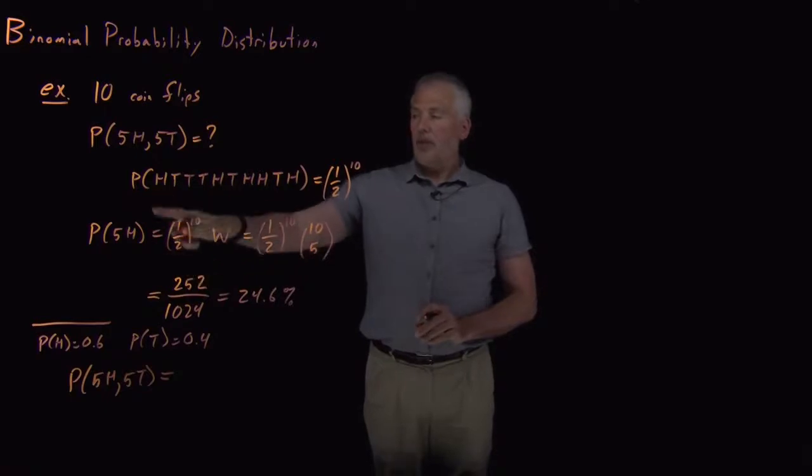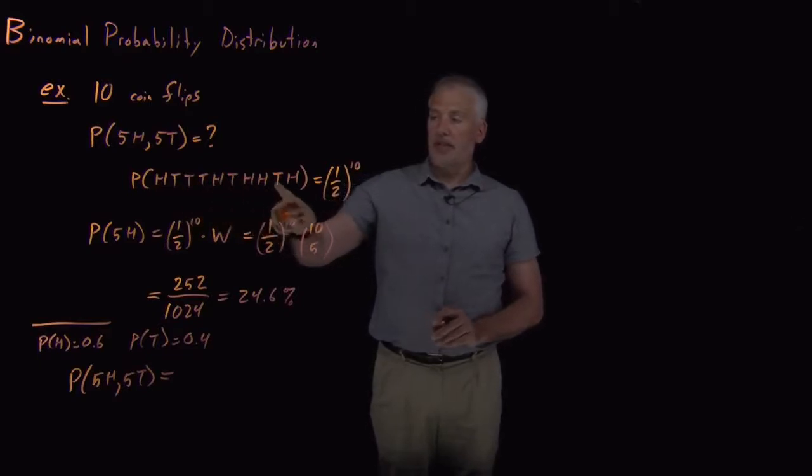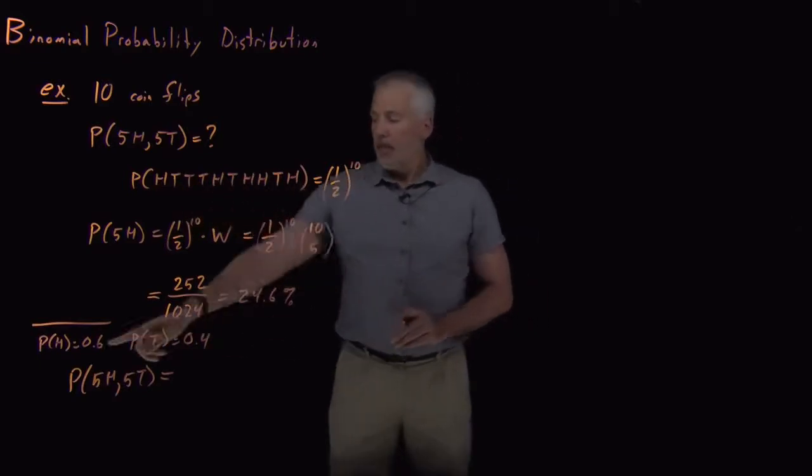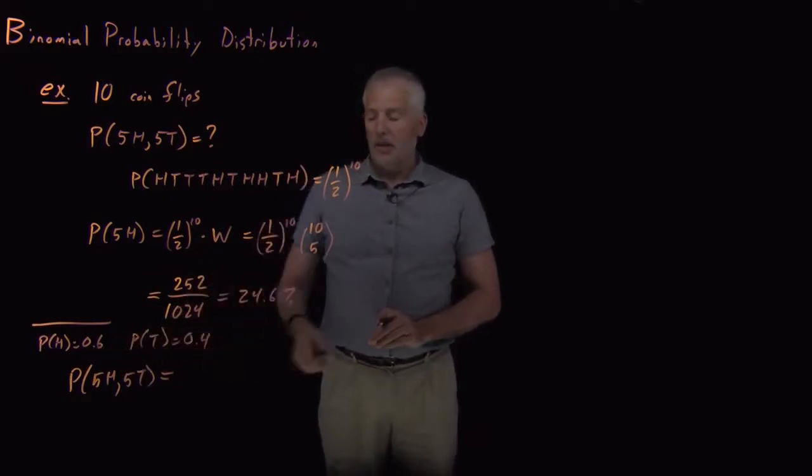I think about the problem in the exact same way. It's the probability of any individual outcome. Let's take this outcome, for example: heads, tails, tails, tails, heads, tails, heads, heads, tails, heads. But now instead of 1/2 for each outcome, I've either got a 60% or a 40%.